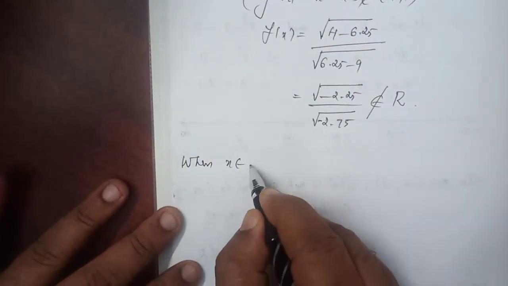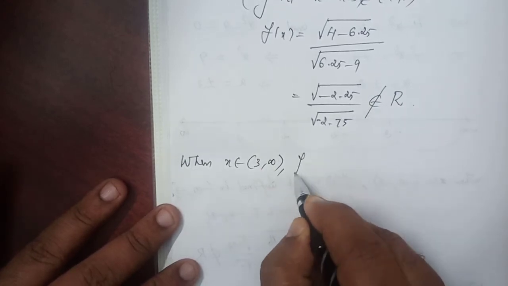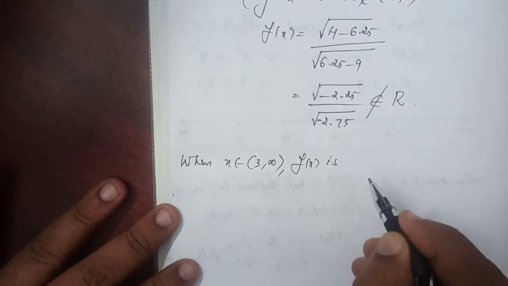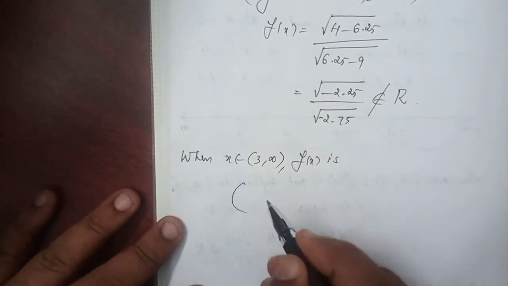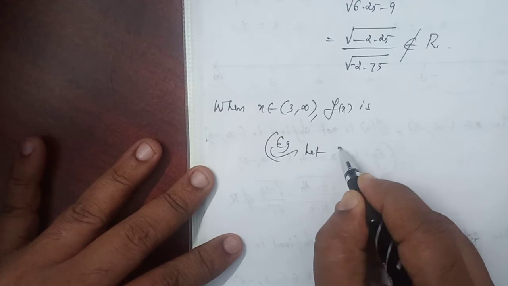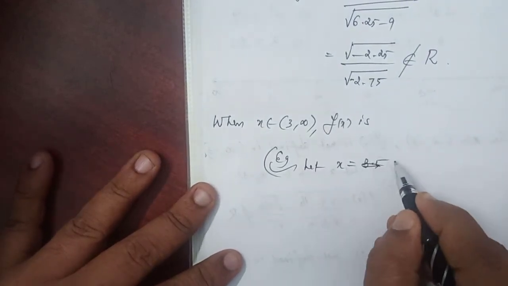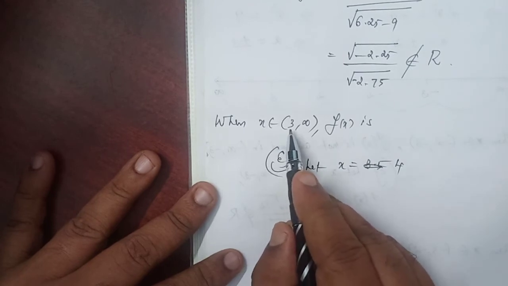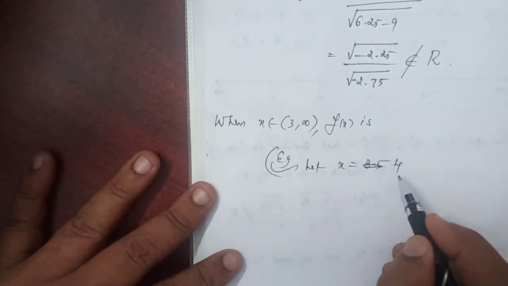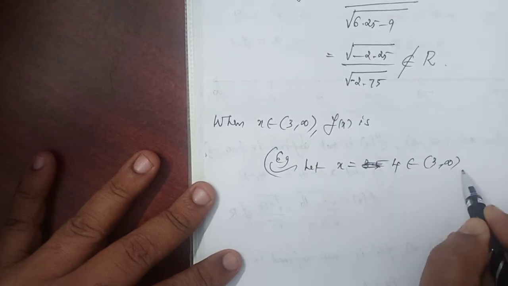When x belongs to 3 comma infinity, we have to verify whether f of x is defined or not. For example, let x equal to 3.5, or even you can take 4, 5, 6, any one number. I have taken the number 4. 4 belongs to the interval 3 comma infinity.